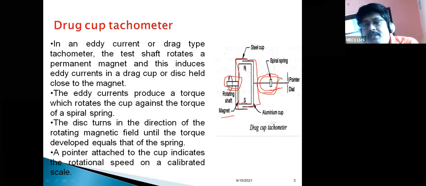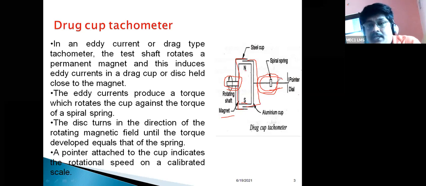Again I'm repeating: at the end of the shaft, a magnet is arranged. A drag cup, a steel cup and aluminum cup, is very close to the rotating magnet. Here eddy current is induced.